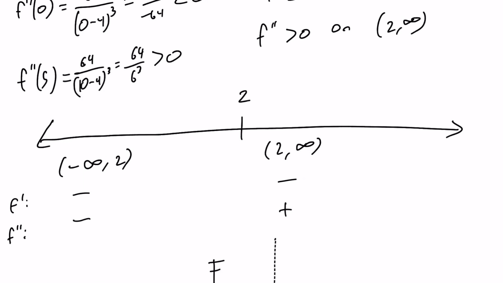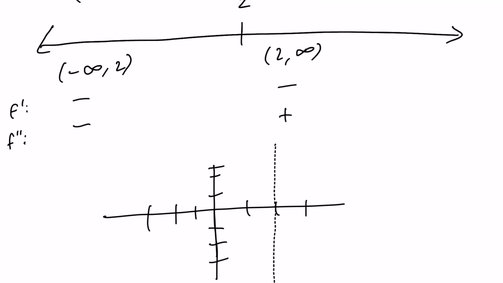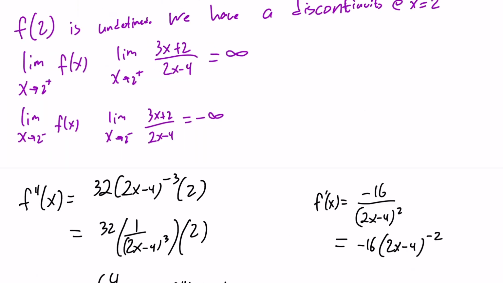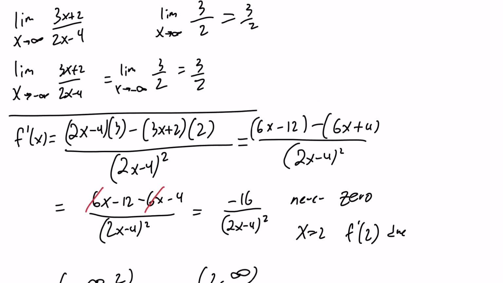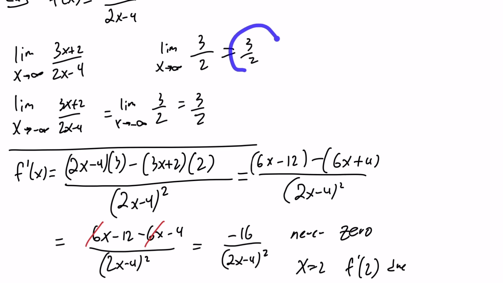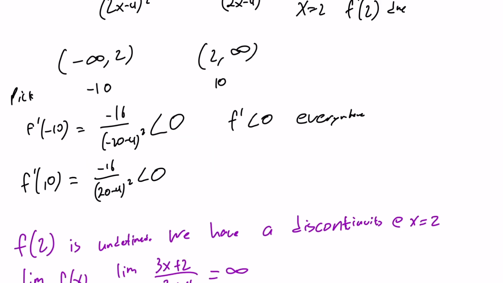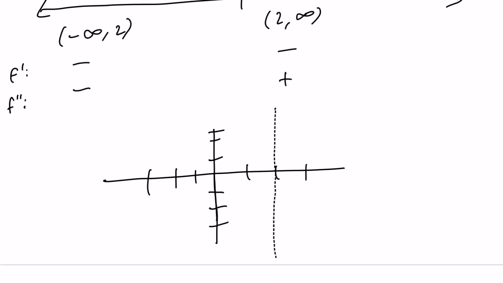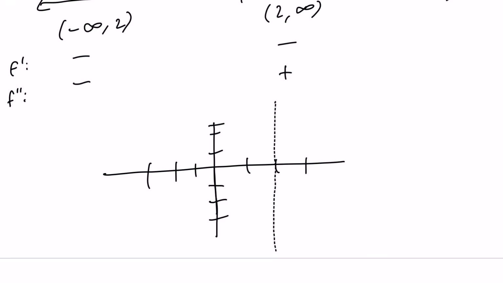We also know that to the right of 2, the function is decreasing and concave up. And what else do we know? Well, we know about our horizontal asymptotes. We know we have a horizontal asymptote at 3/2 as x goes to positive and negative infinity. So let me draw that as well. 3/2 is somewhere around here.